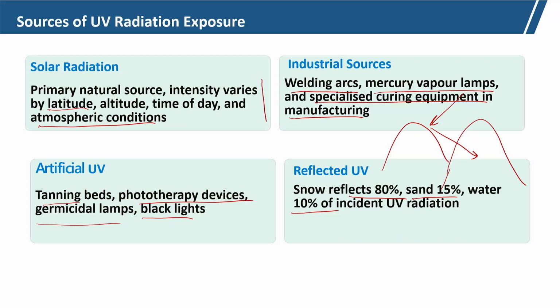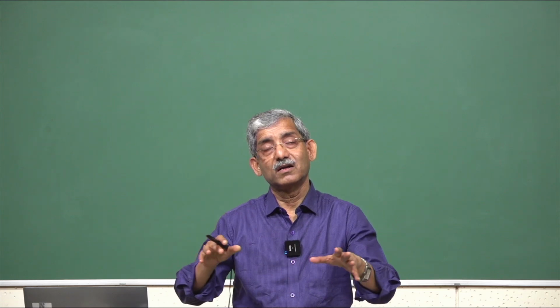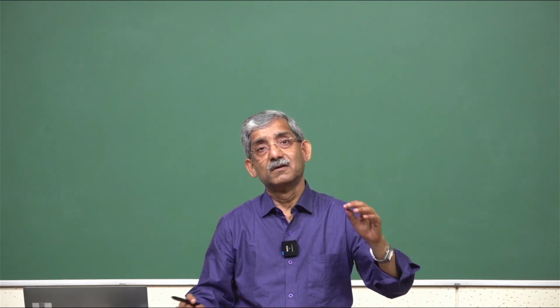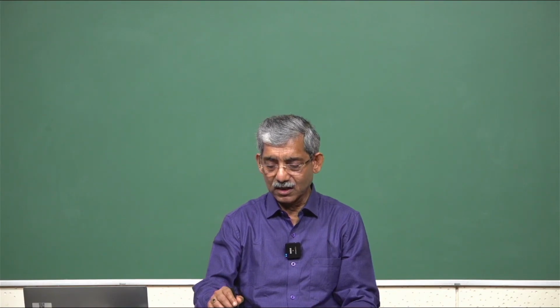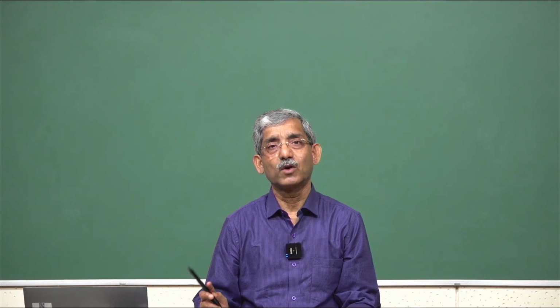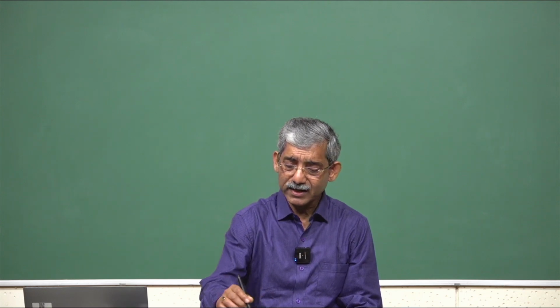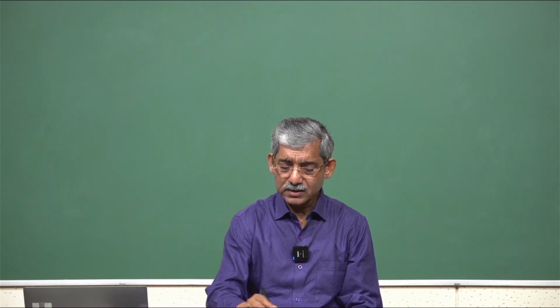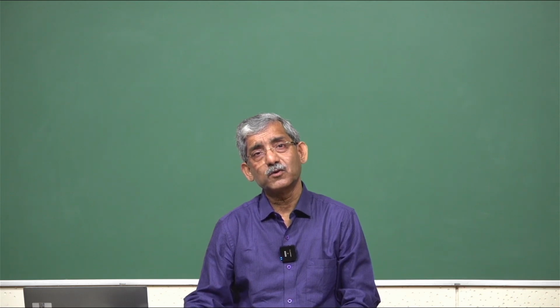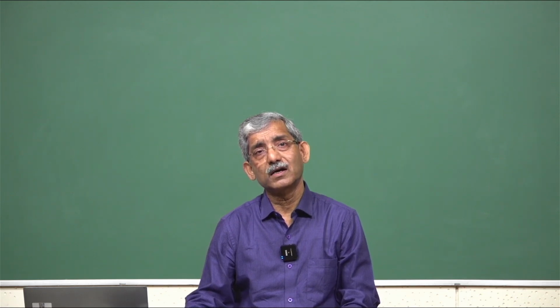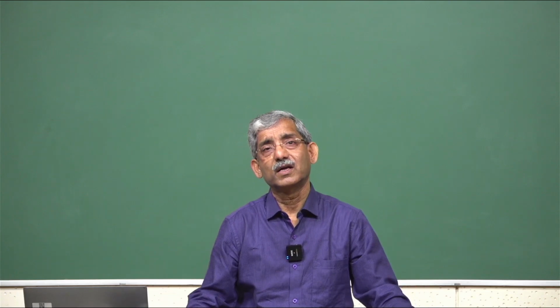So, we can see this near the desert, near the sea beach, at the mountain, everywhere we get this reflected solar ray, reflected UV, which actually poses danger to human health.